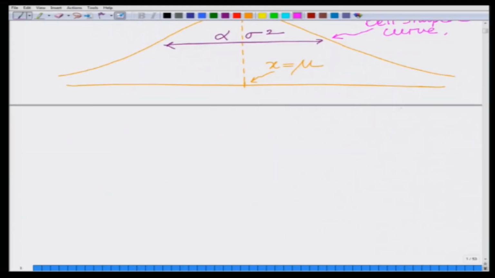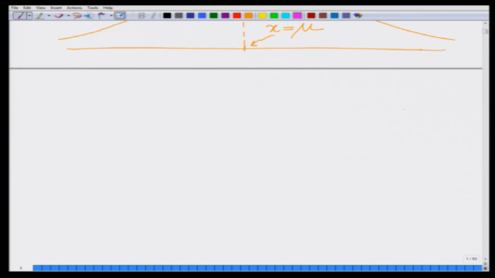All right. And now let us look at another very important property.